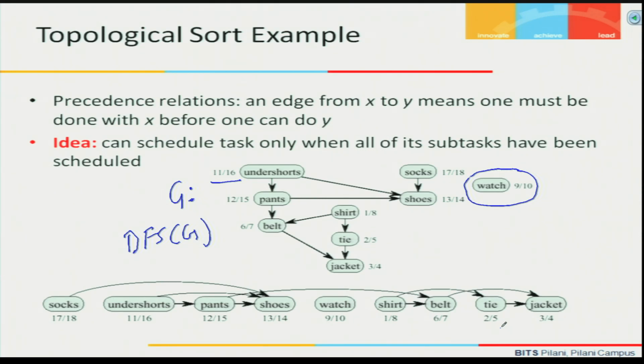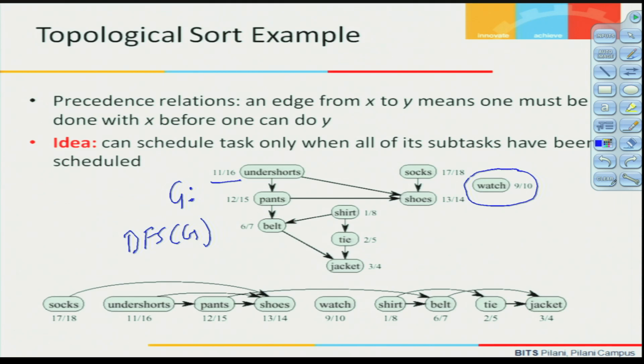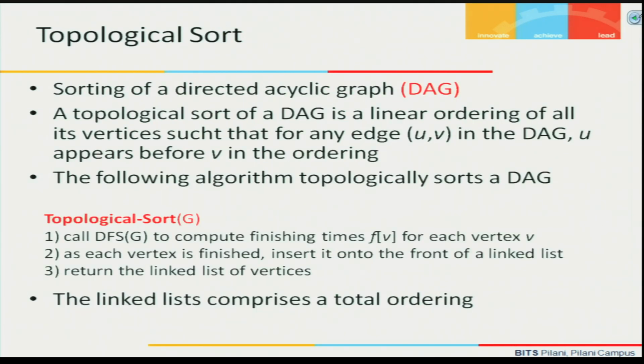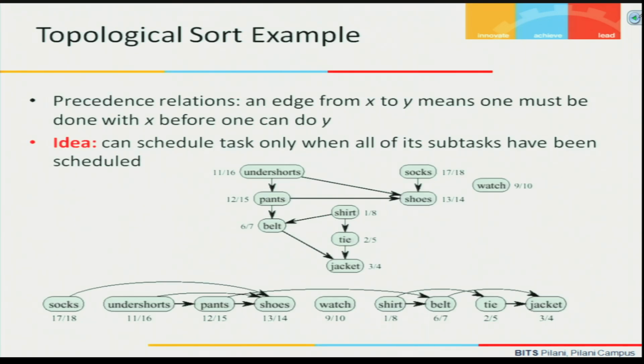So, if you go back to the algorithm, as each vertex is finished, we are going to insert it into the front of a linked list. The first vertex that will finish is this particular one, which has the least finishing time.